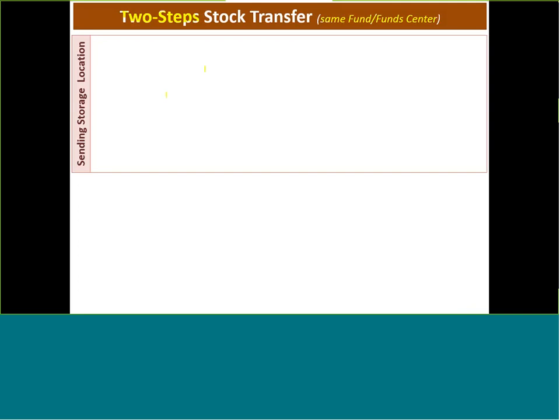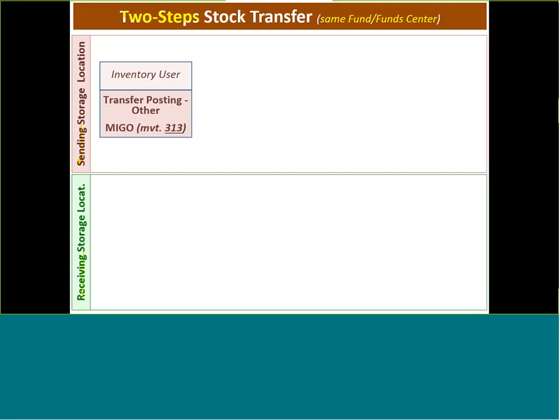So in the 2 steps stock transfer, we again have a sending and a receiving storage location. But in this case, we don't initiate the process with a reservation document, so it's not possible to use reservation for the 2 steps stock transfer. This stock transfer is directly initiated by the inventory user using MIGO.